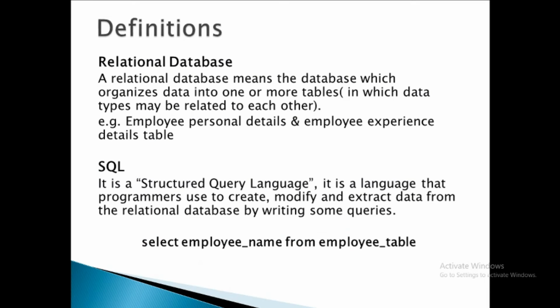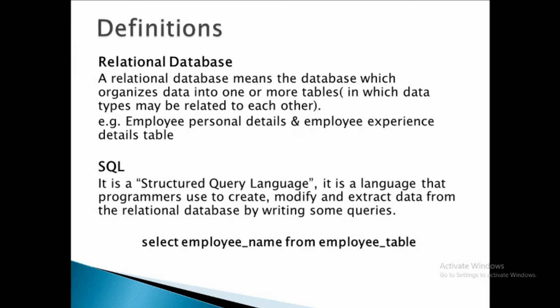So now, moving on to understand what a relational database is. A relational database is where we have a lot of tables available with us, and if these tables are somehow related to each other, then that entire ecosystem is called a relational database. For example, if you have employee personal information, which will have employee number, employee name, and the address of the employee, and so on and so forth.